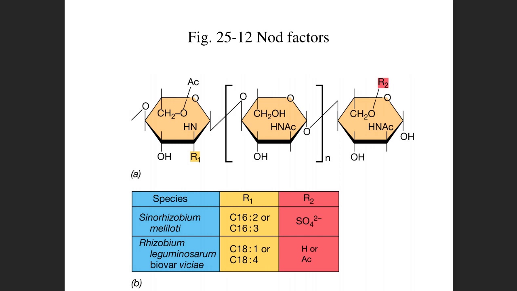So you have two different bacteria. One is Sinorhizobium meliloti. This is the bacteria that we study, and this is the bacteria that colonizes the white clover on the grass at Lehman, the baseball field.